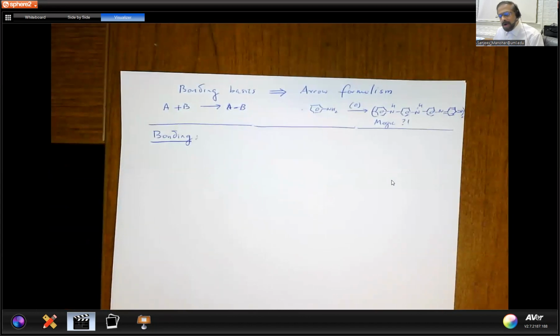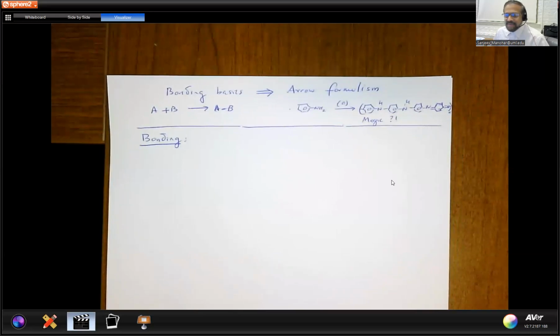Why do two things bond? In chemistry, things bond because there's an exchange of stuff. You give me stuff, I give you stuff. I give you wheat, you give me rice. That's a kind of straight bond. In chemistry, in chemical engineering, in materials in general, bonds occur because of exchange, trade or sharing of electrons.